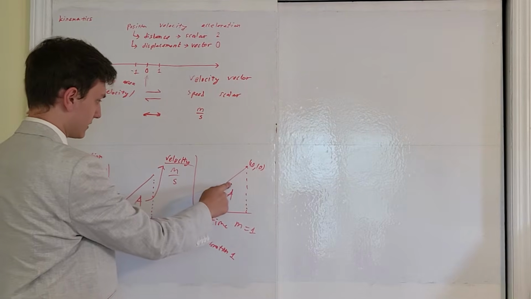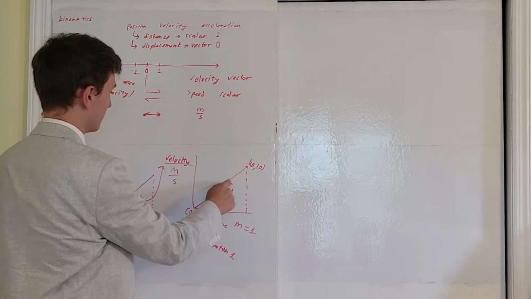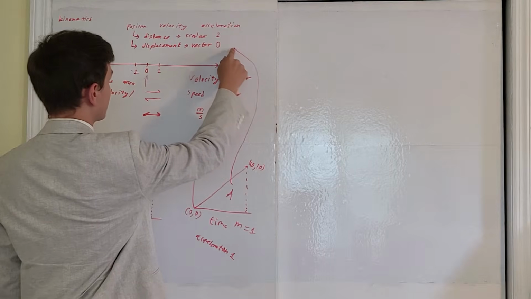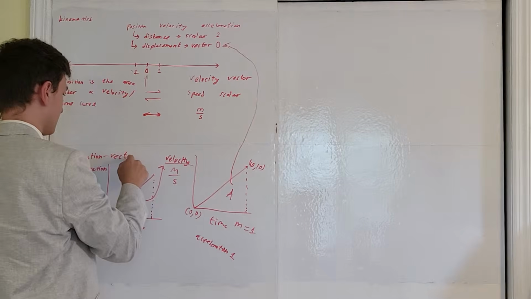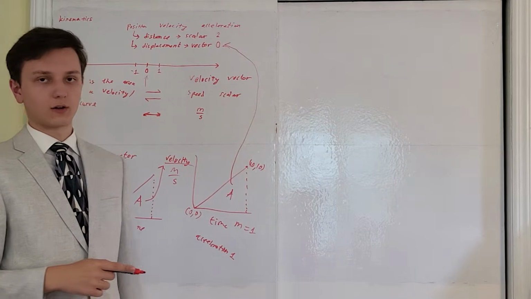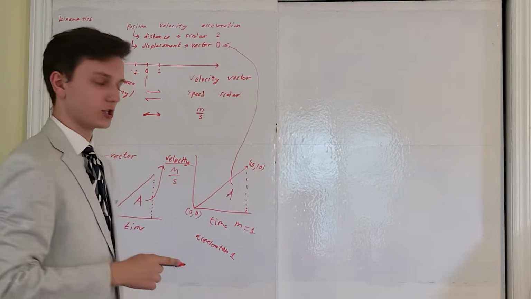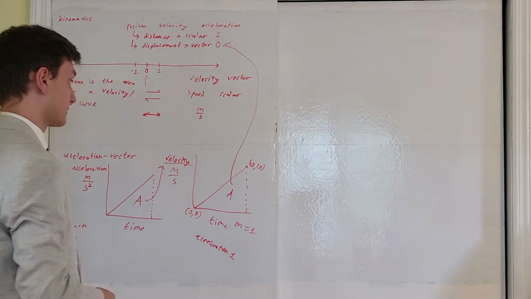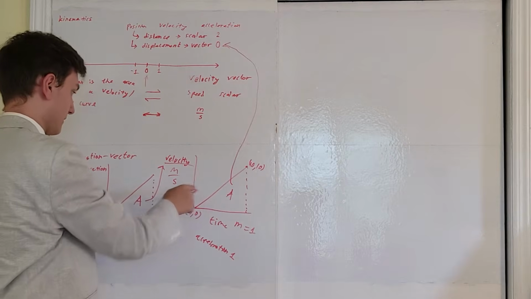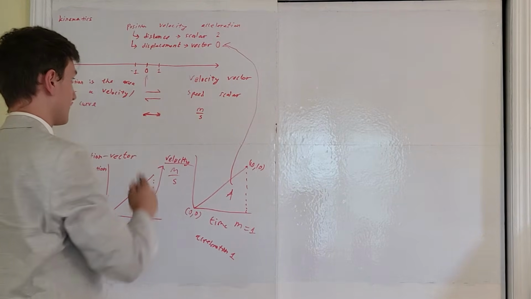And the area under a velocity versus time graph would give us our displacement. Now, acceleration is a vector. There is no scalar quantity for acceleration that we will need to be aware of in this course. If you take the area under the curve of a vector, you're going to get a vector.